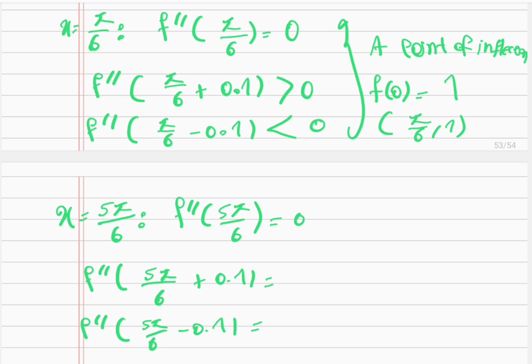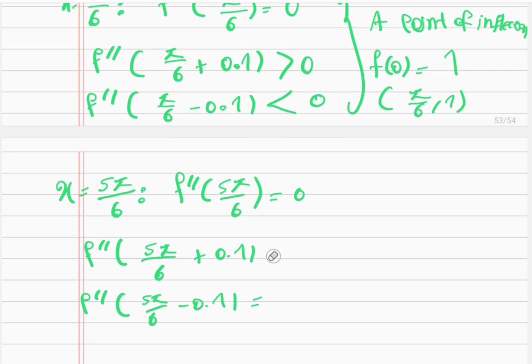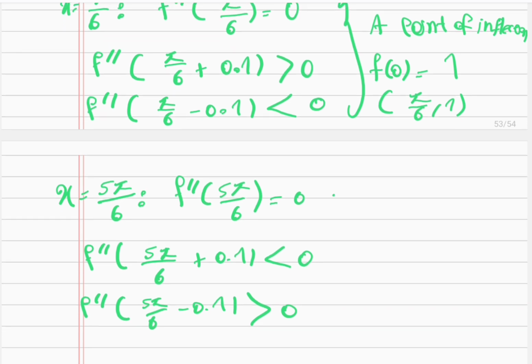And this time, when we add 0.1, or actually after, we get a negative value, and for here we get a positive value. So in case you're curious, when we add 0.1 to 5 pi over 6, we'll get minus 0.53, but when we subtract, we are going to get positive 0.53. So again, this is exactly what we wanted, a change of sign. So this also means this is also a point of inflection.